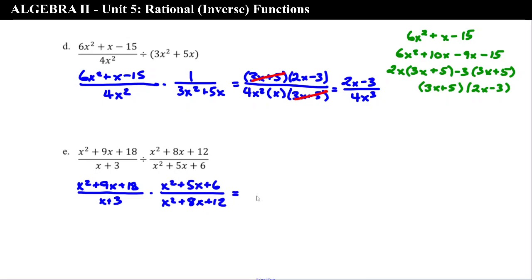All right, let's go ahead and factor as we go along. So this first trinomial is going to factor to x plus 2 times x plus 3. The second trinomial on the top will factor to x plus 2 times x plus 3.